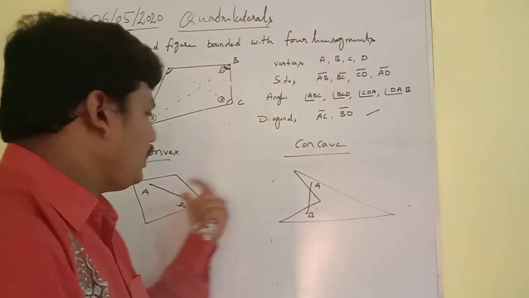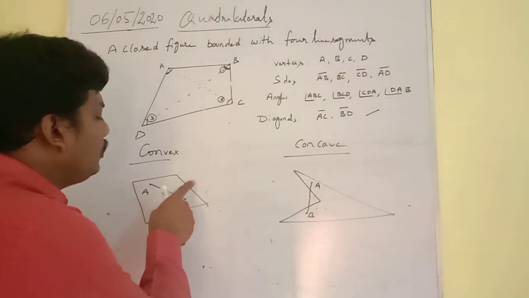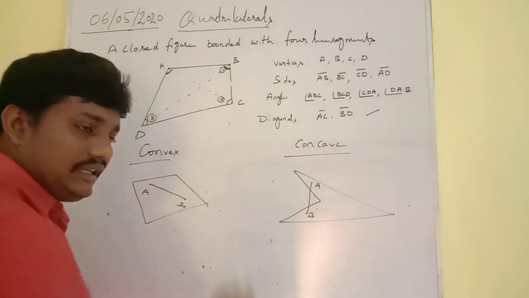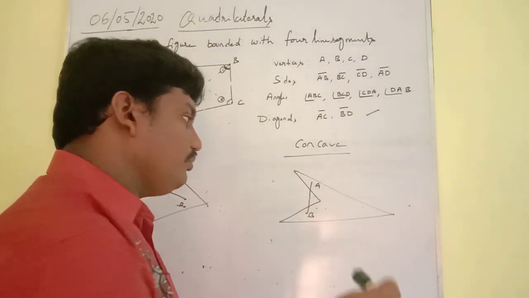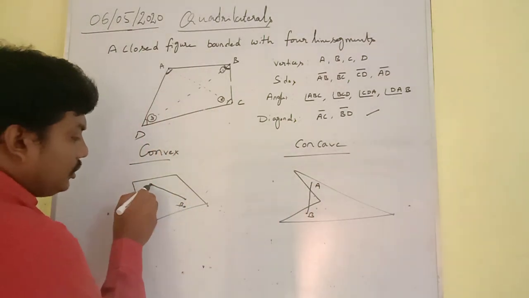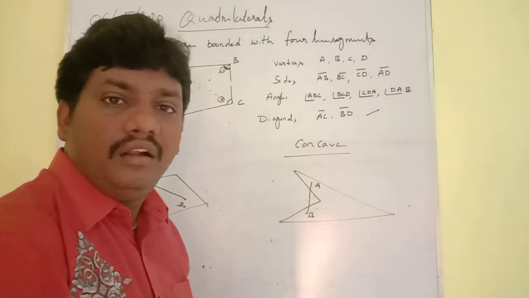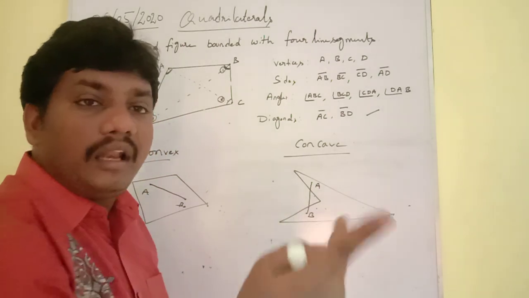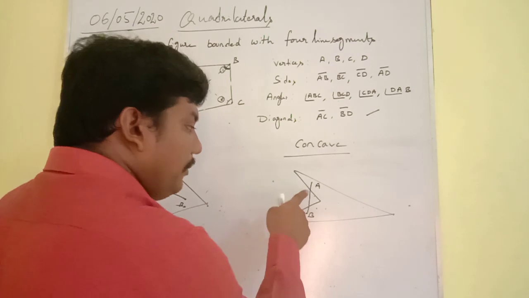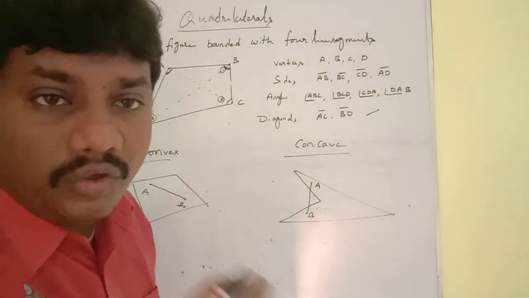If you consider any 2 points either inside or on the edges of the quadrilateral, and also the line segment joining those points, when the line segment joining the 2 points also lies inside the quadrilateral, then it is called convex quadrilateral.